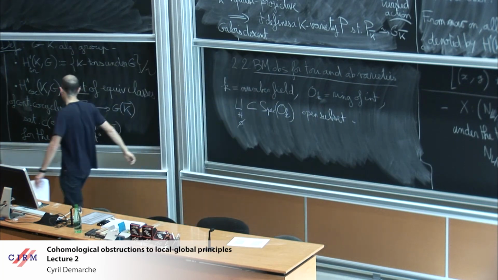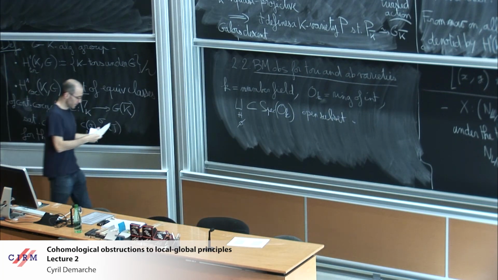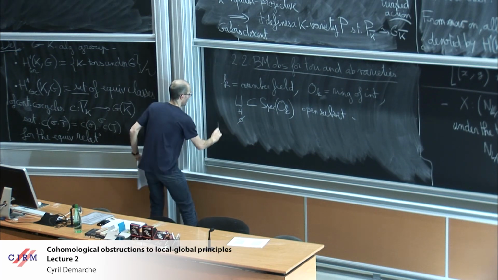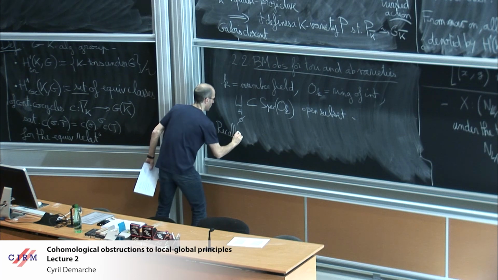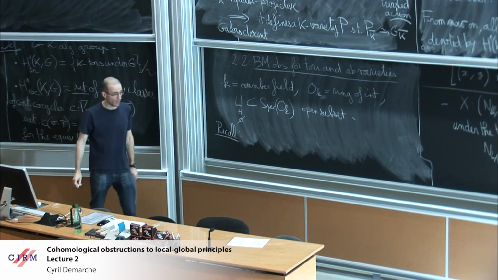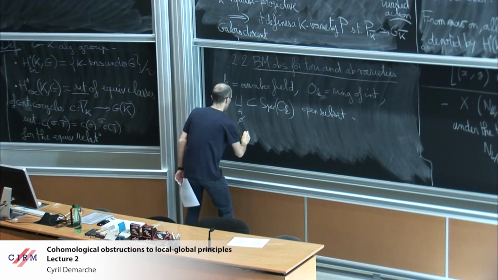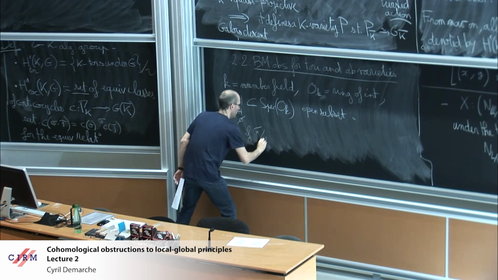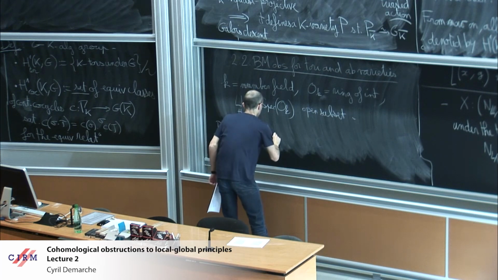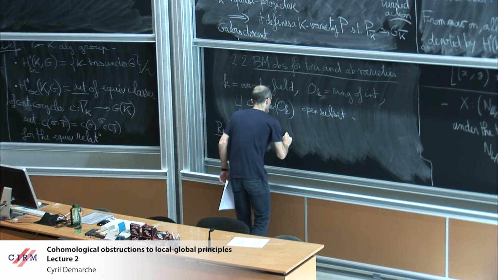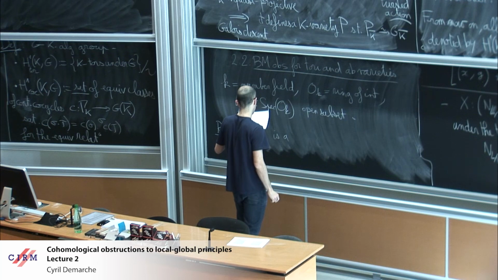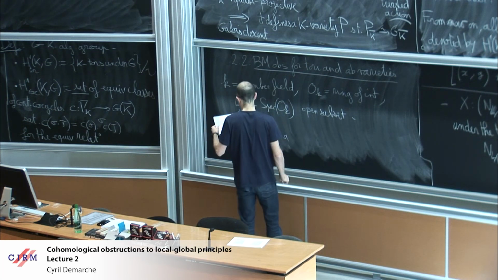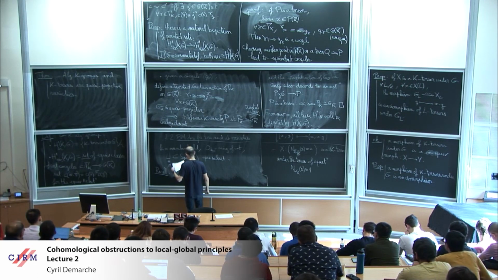And as David already explained in this last lecture, we have the Artin-Verdier duality. So if F over U is a group scheme, say, what assumption do I need here?